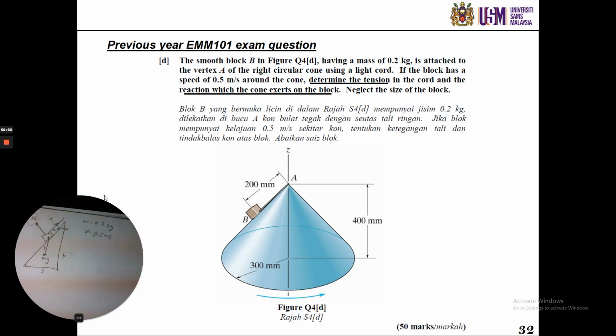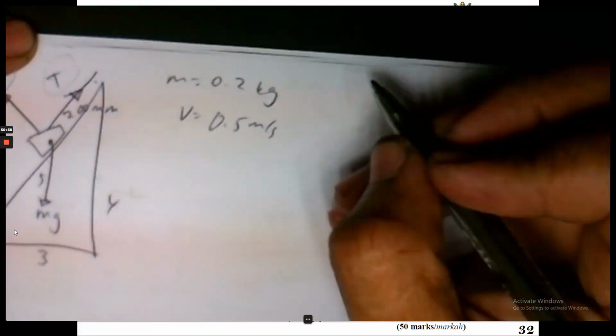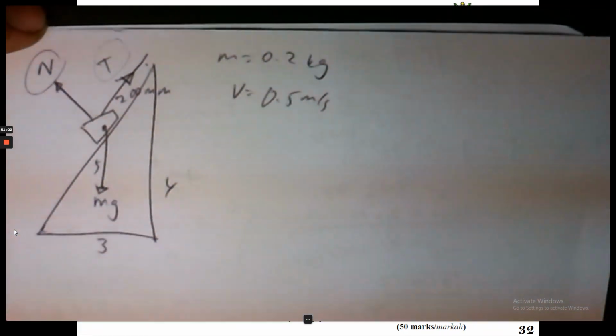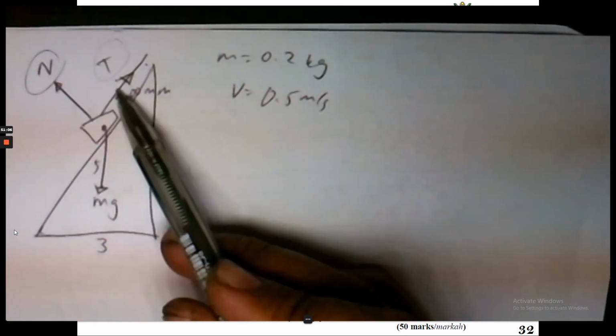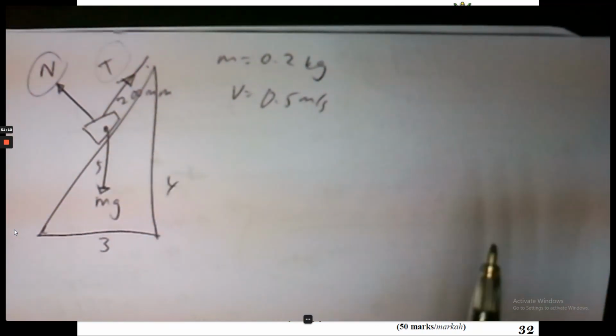Okay, let's try to solve this on our own. So we start with the free body diagram here, and we have the weight pointing downward and also the tension, and another one is the normal reaction force.